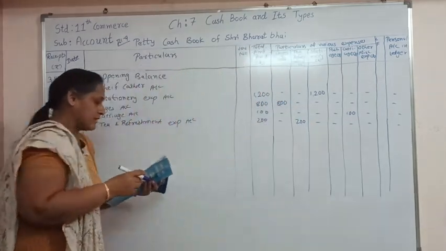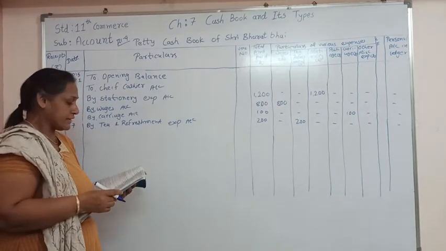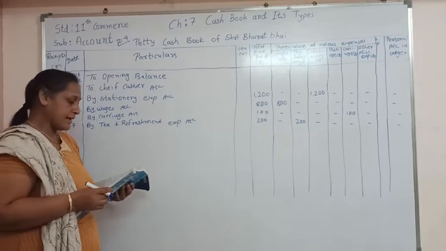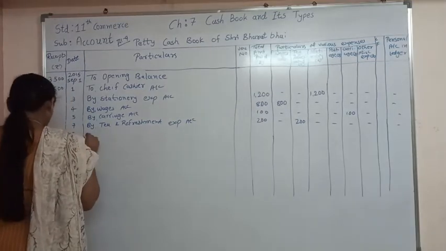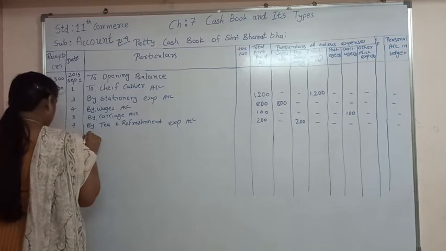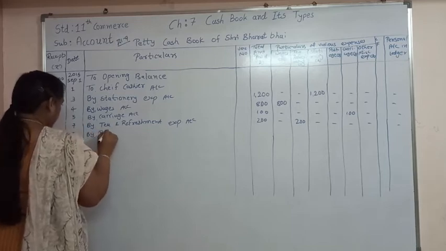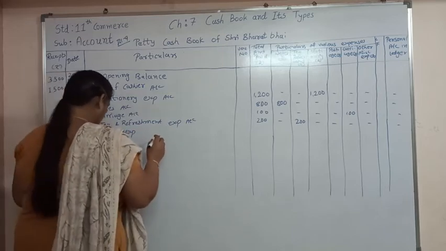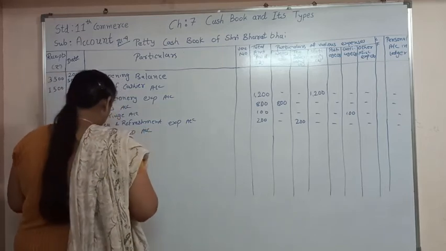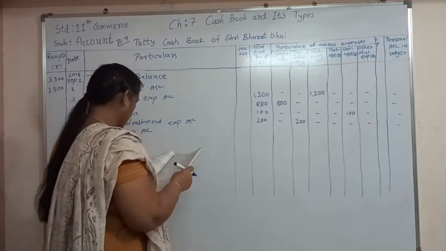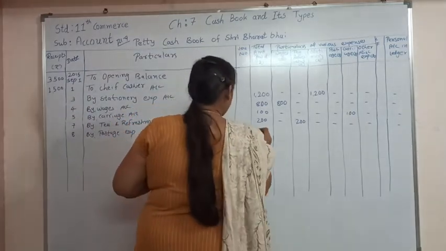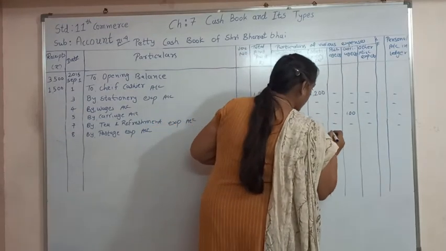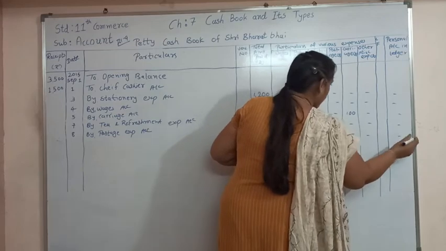Now let's see date number 8, rupees 250 paid for postage and courier expense. So 8th, by postage expense account, and the amount is 250. Here we write in the column of postage 250.